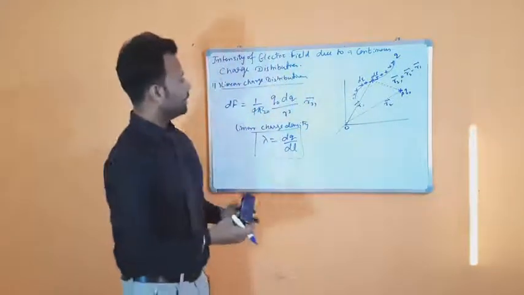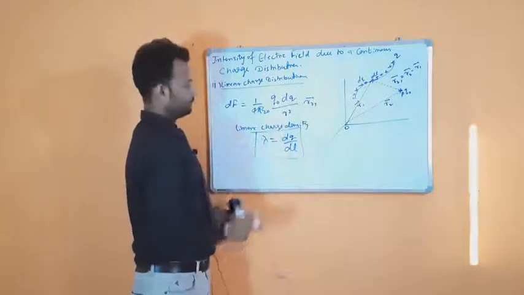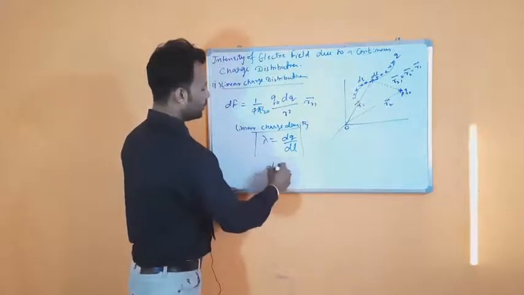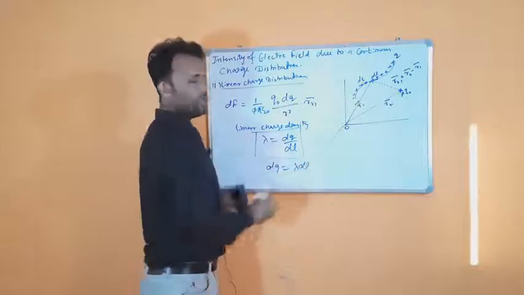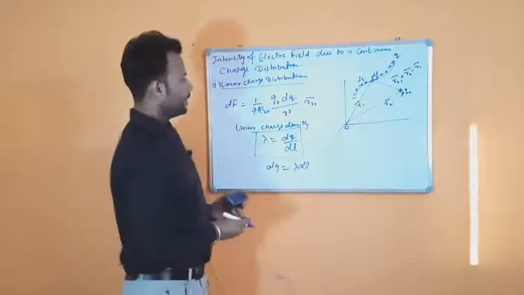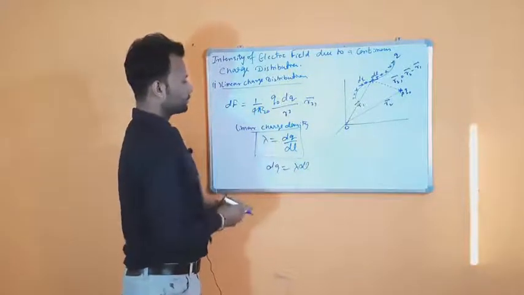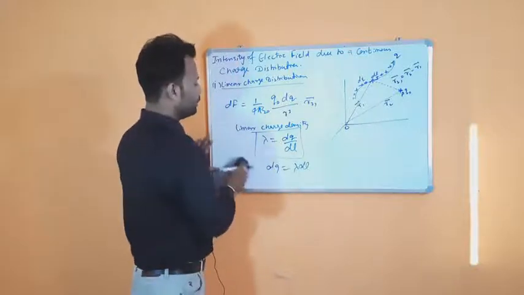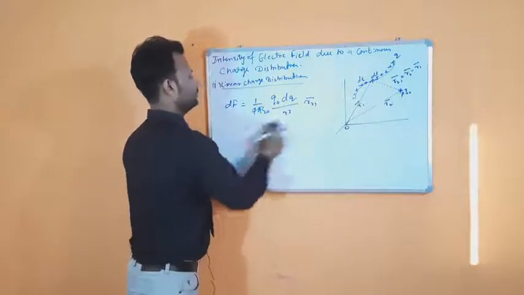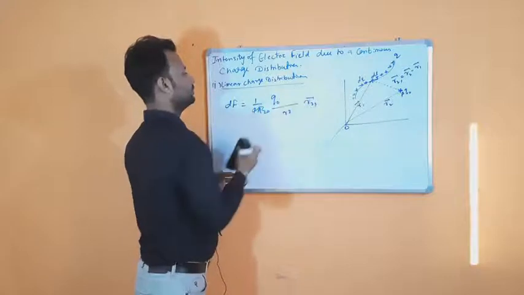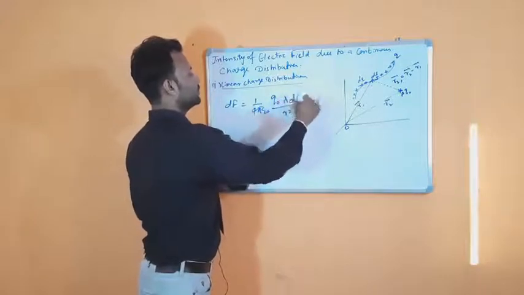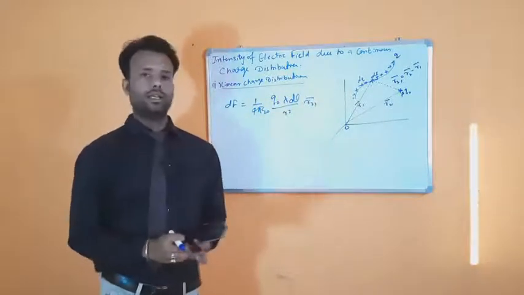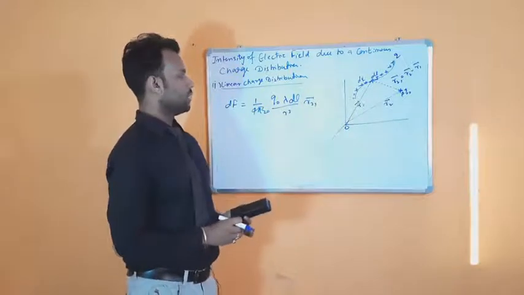So we can replace this dq using lambda. What will be dq here? dq will become lambda into dl. When you put this in the formula, this force dF will become q naught lambda dl upon r cube, r21.